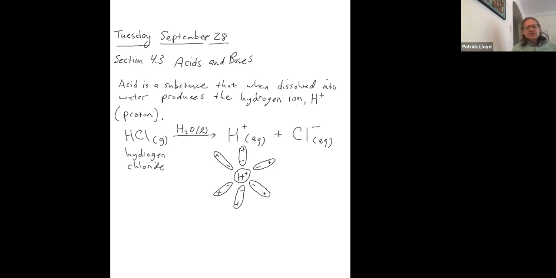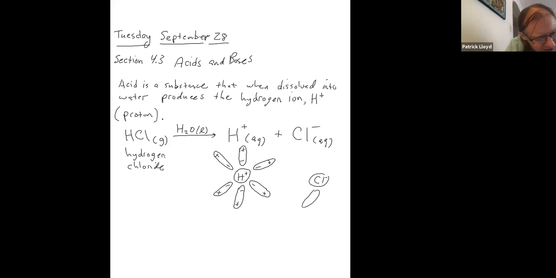Now, it turns out the hydrogen ion is a highly energetic particle because it's just a proton. So in a sense, you're talking about a subatomic particle. And a subatomic particle has a lot of energy if it's all by itself, so you don't find them very often. For that reason, the water molecules are very strongly attracted to that positive charge, even more so than with, say, a sodium ion, okay? Chloride ion, same thing. The chloride ion is going to get surrounded by the water molecules.